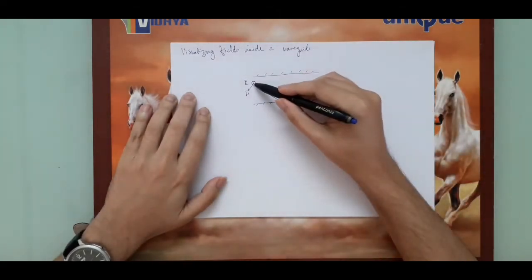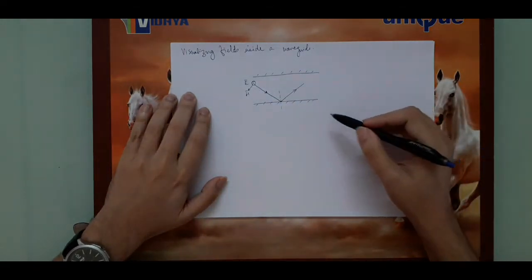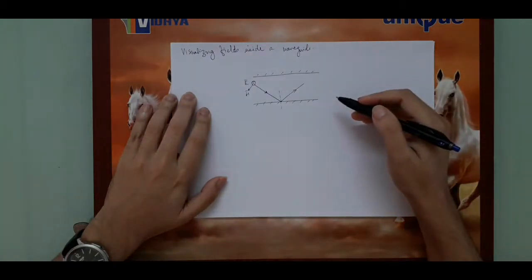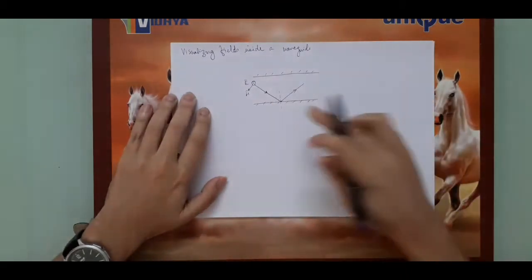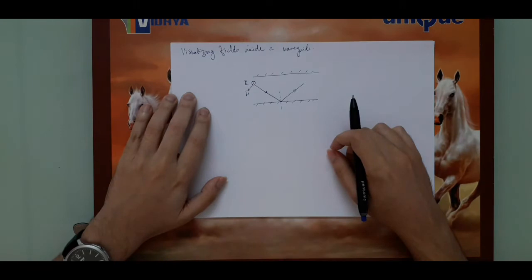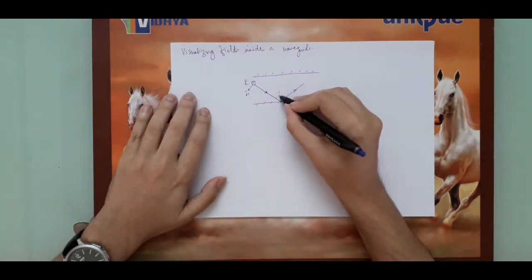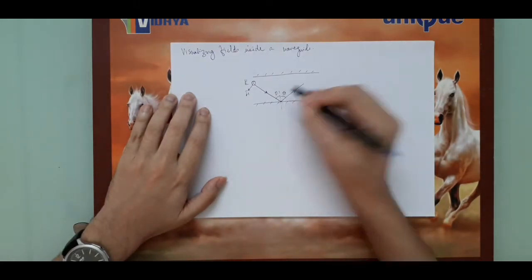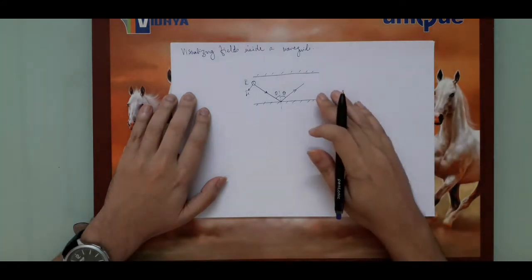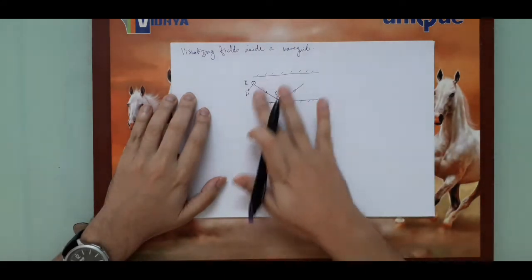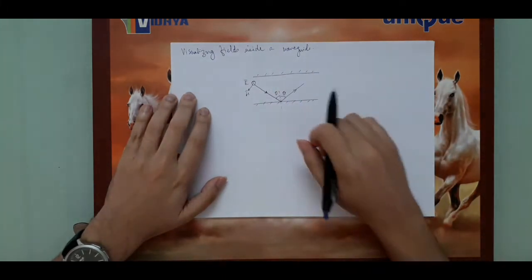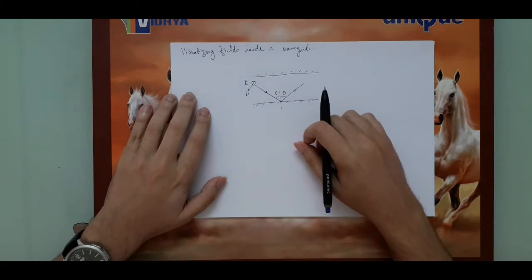But you know, this electric field is the electric field of the intrinsic wave. Now if you remember that if this is incident with an angle of theta, the reflected angle would also be theta. So what we said, that there will be some total field which exists because of these waves which are coming in and getting reflected.